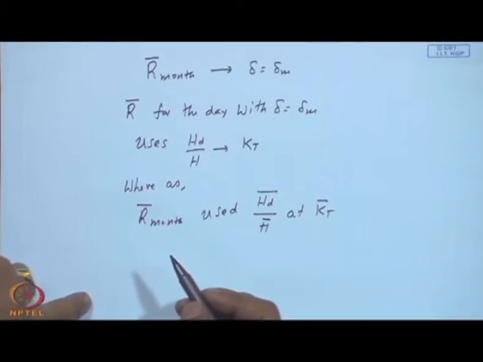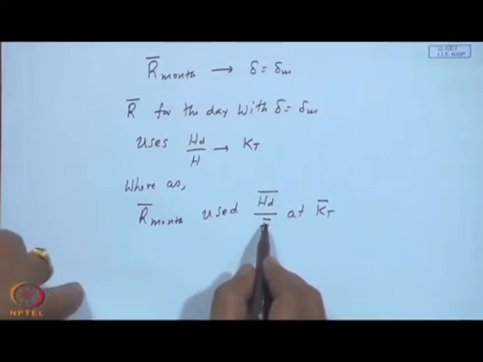That is the monthly average daily clearness index used to calculate the monthly average diffuse fraction.